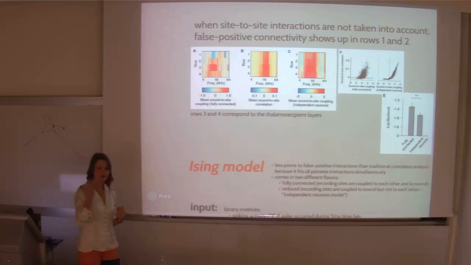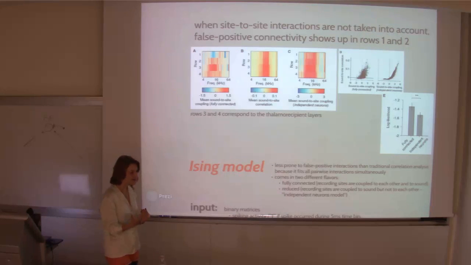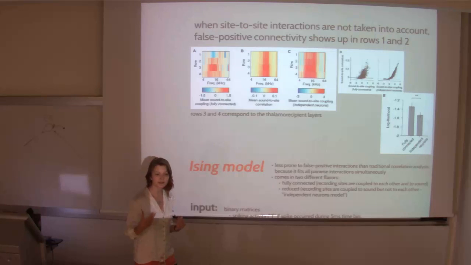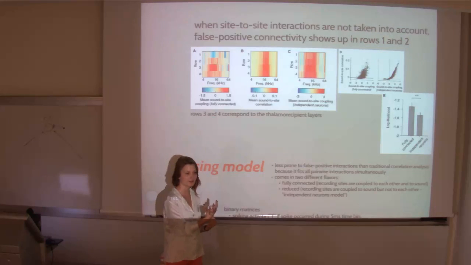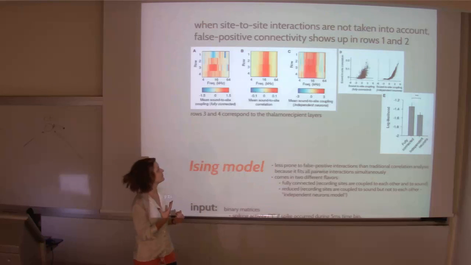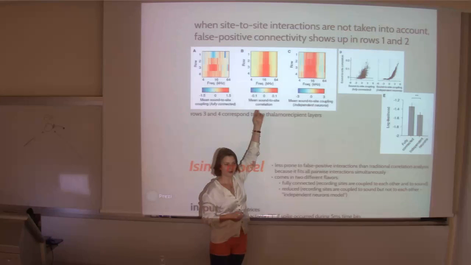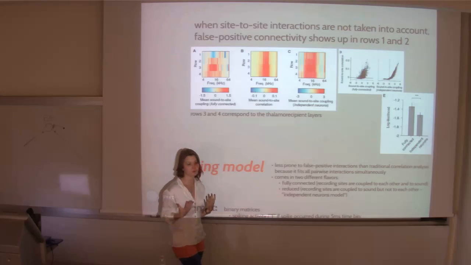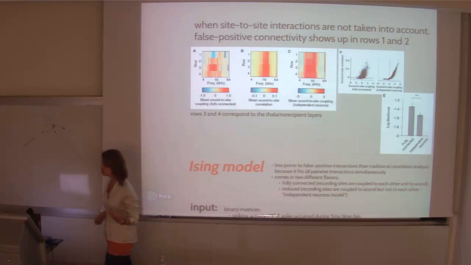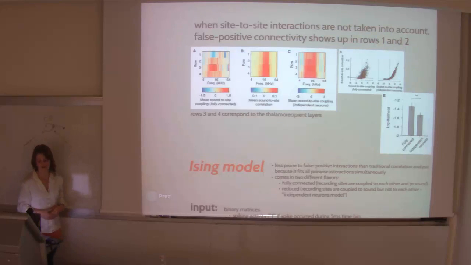So, knowing what we know about brain anatomy, this seems to make sense because those are the layers that receive the direct input from the thalamus and should be more responsive to stimulation. Whereas here, what we see in layer 1 and 2 as activity is probably just false positives due to the way correlation analysis works.